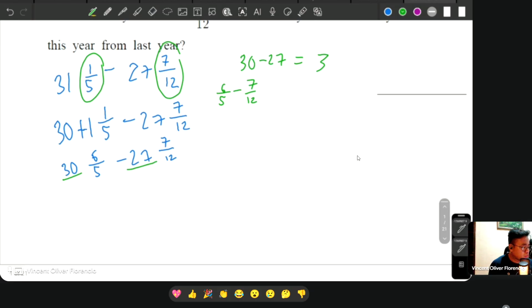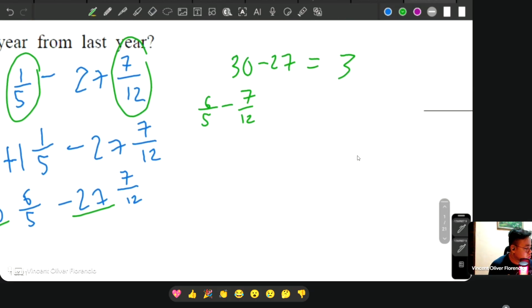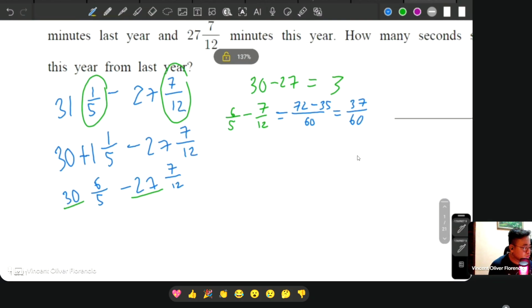Let's just use cross multiplication here. 6 times 12 is 72. The operation is minus. 5 times 7 is 35. Over 5 times 12 is 60. So you will have here 37/60.